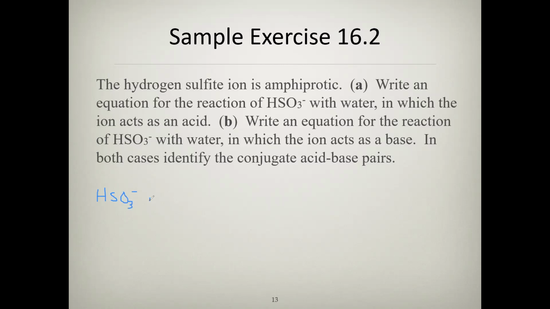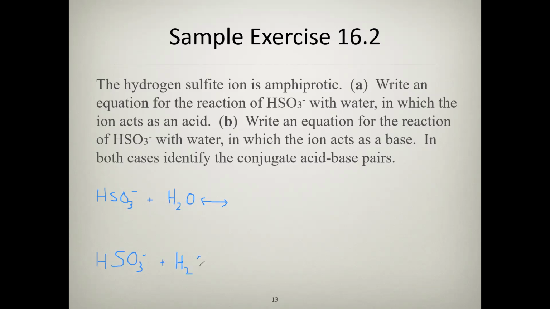So we can actually have two different reactions with water, and then depending on which is acting as an acid, which is acting as the base, the movement of that proton is just going to be reversed. So for the start, we can just have the same thing for the reactants.